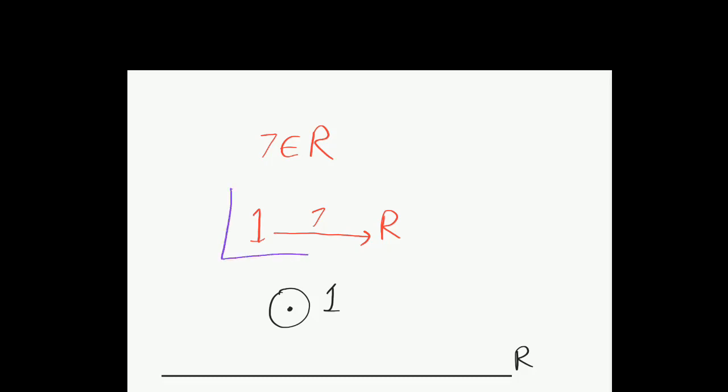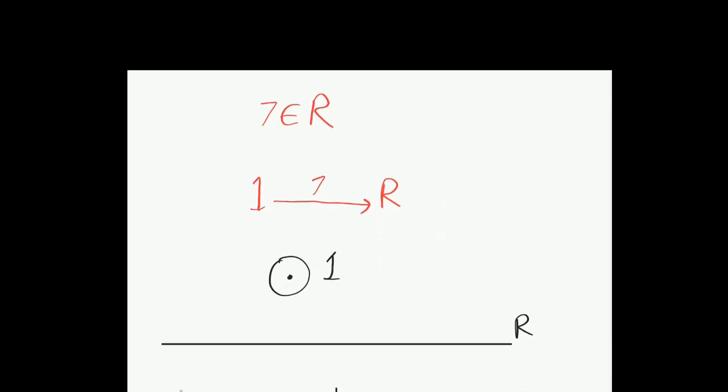This is the way of thinking about it that we often prefer, which is to say that 7 is a point of R. If you like, we have this space here, which we denote as 1, which we can think of as just being a single point. And what we're saying is that there's a function which sends this single element in this space 1 to this point 7 here. And we can call this map 7 itself. So I was talking about this last time, this idea that we can think of points of spaces as arrows from this space which we call 1.